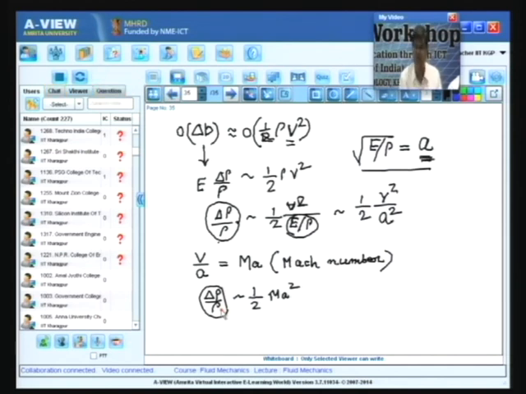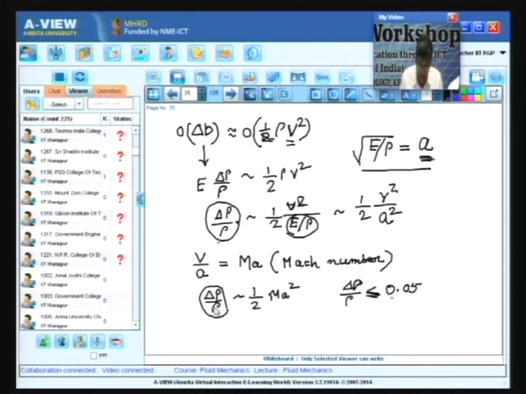Now, if we consider from engineering approximation that we will tolerate del rho by rho, that means density variation, so long as del rho by rho is less than or equal to 0.05, that means 5%, the variation of density will be 5% of its original density, then as an engineer we will consider the density in the flow to be constant. So, that simplification will be done.